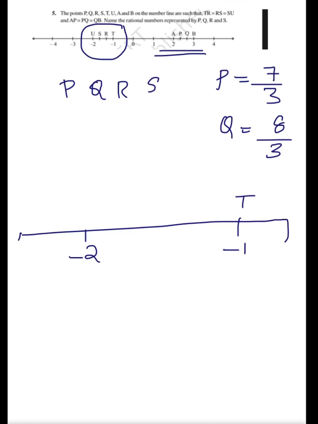This is T and this is U, and this is S and this is R. So you have to tell the rational number which is represented by point R. R is lying between -1 and -2, that means it will be something like -1 and something. You have to find the numerator as well as the denominator. For finding the denominator, you need to identify the divisions between T and U.